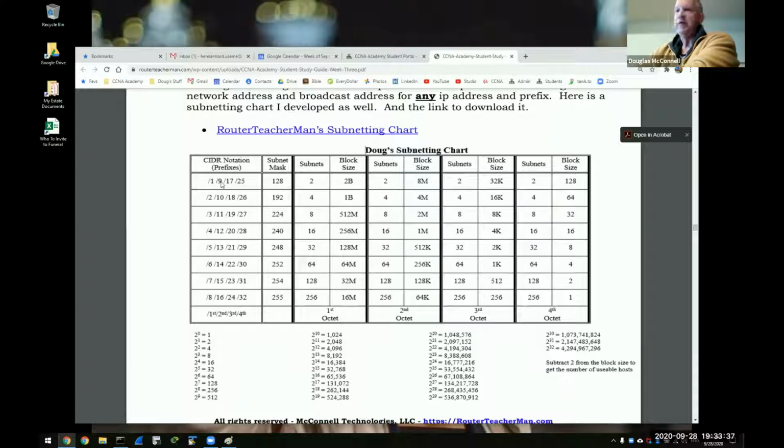With the prefix of 9, the second octet's 128. 17, third octet becomes 128. 25, the fourth octet becomes 128. Make sense?